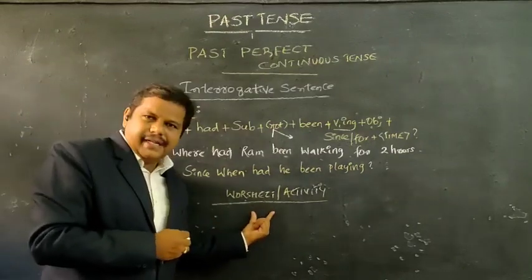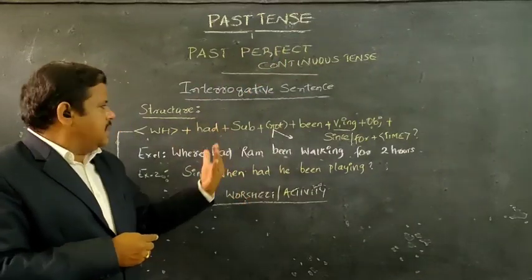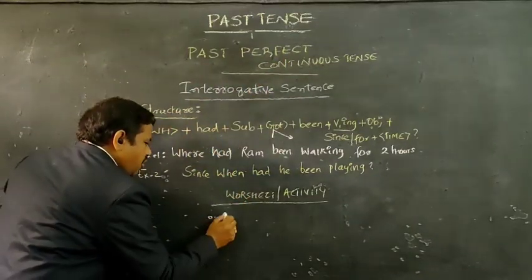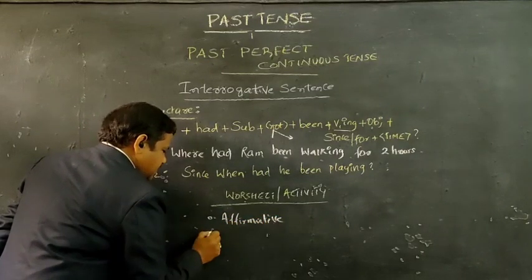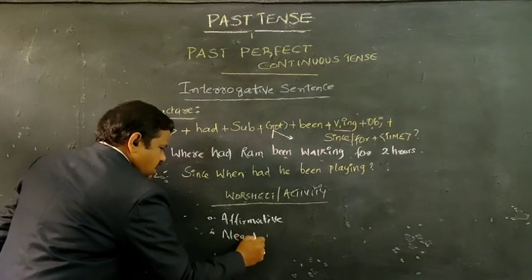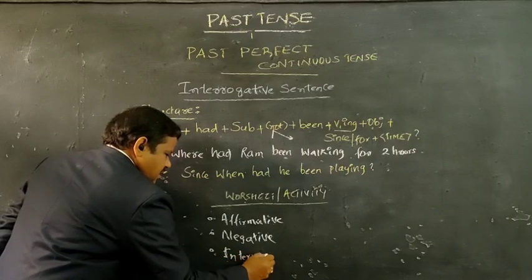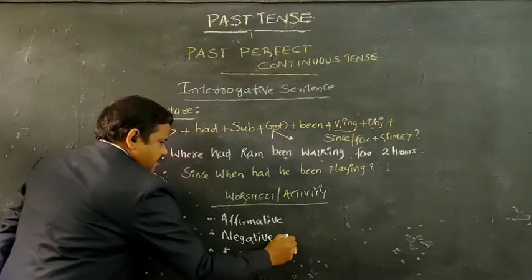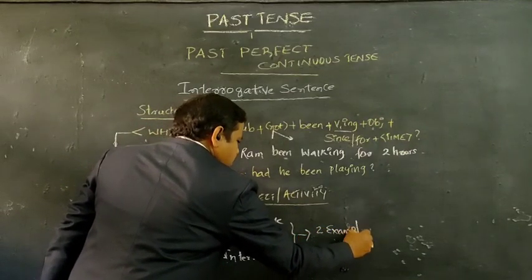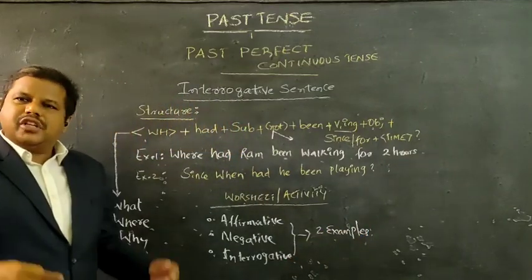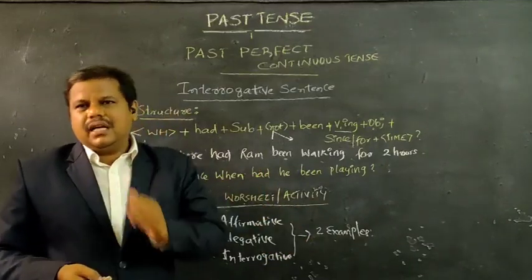Now, you have to write a few sentences in past perfect continuous tense: first with the affirmative, second with the negative, third with the interrogative, minimum 2 examples each. Write 2 examples taking any type of subjects, pronouns or nouns.